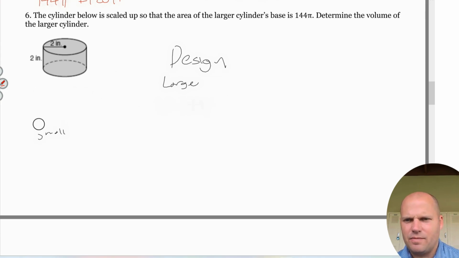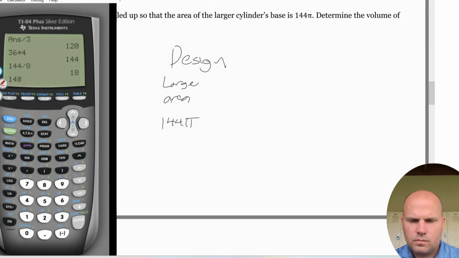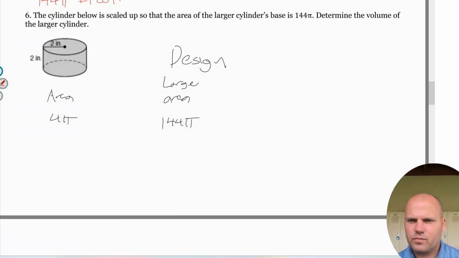We're talking about the area. Area of the base is 4 pi. The area of the larger one is 144 pi. The area is times 36. Cool.